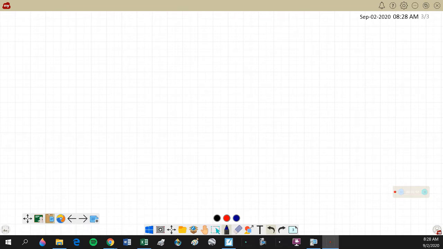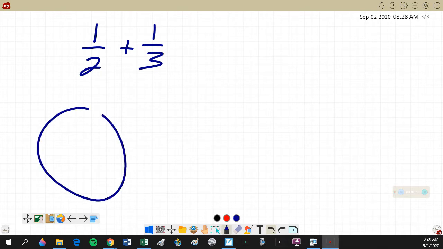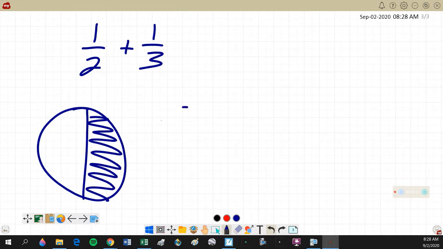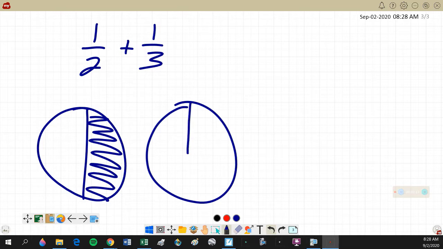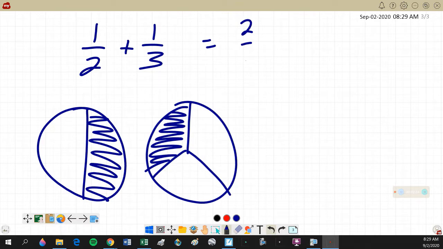What if I had 1/2 plus 1/3? So let me draw this. So we have a half a pizza, and then I don't know why, but they cut this pizza into thirds. So what's wrong with this? 2/5.